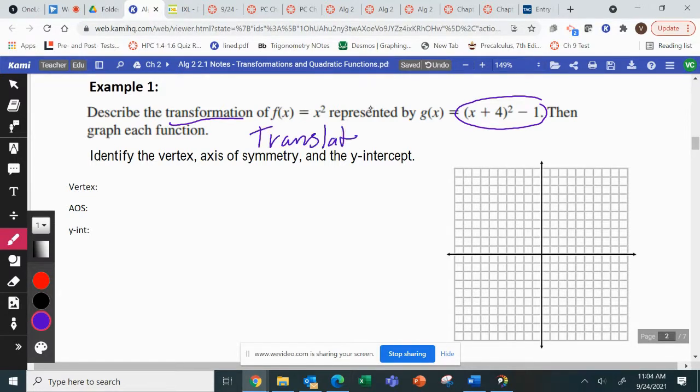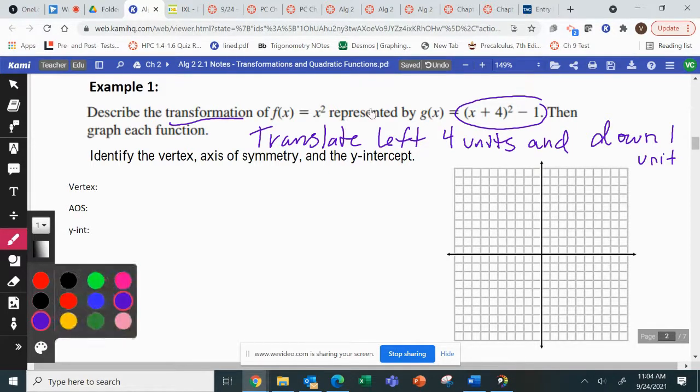Translate left 4 units. And what else, Amelia? Do you not have it in front of you? No, I was writing that down. Oh, and then down 1 unit. Thanks. So translate left 4 units and down 1 unit.